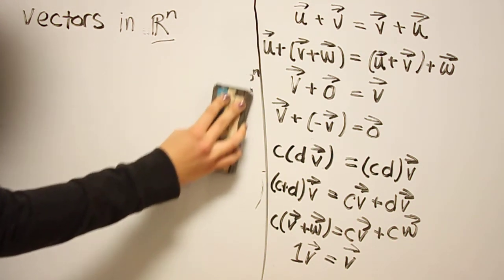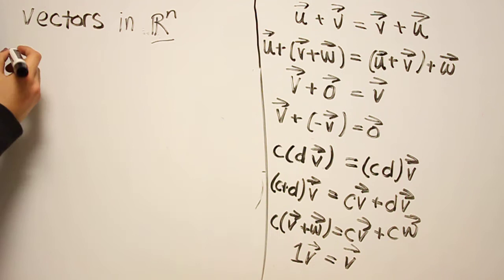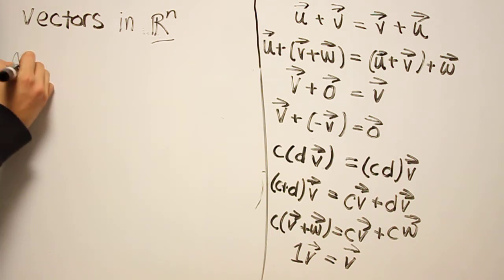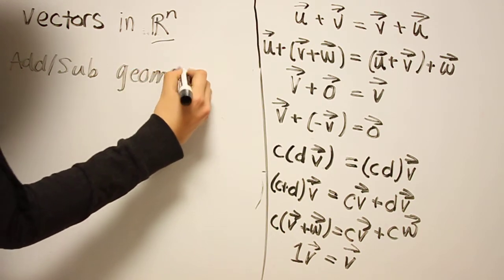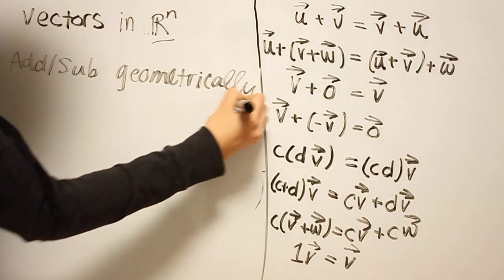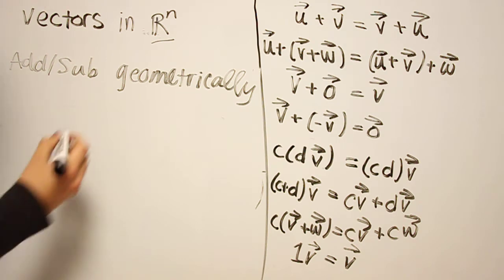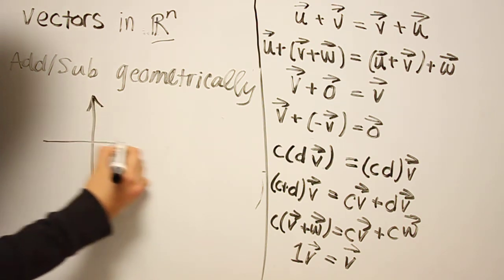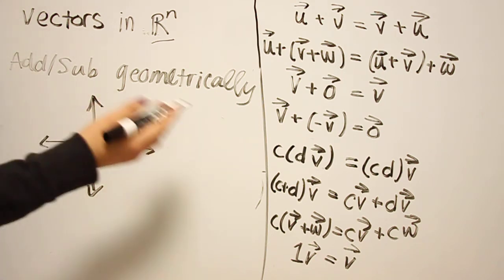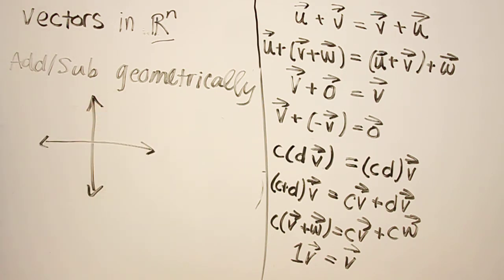Alright, let's take a look at the geometric representation for addition and subtraction. So let's again use vectors that exist in R2 just to simplify things, and of course geometric representation only makes sense usually when you're talking about R1, R2, and R3 because we can't picture R4 and higher dimensions.